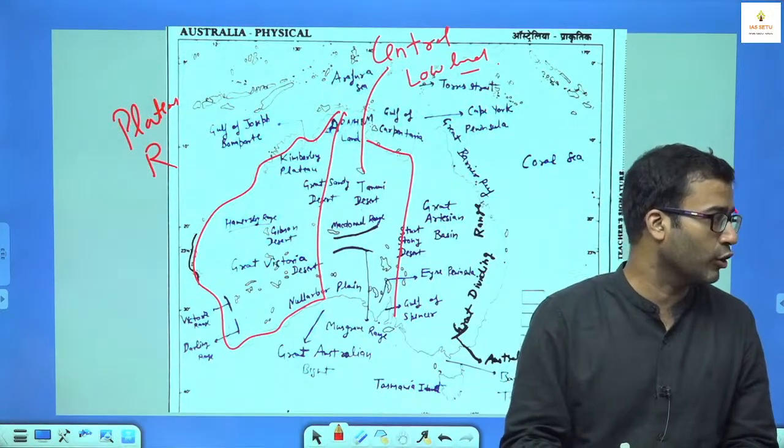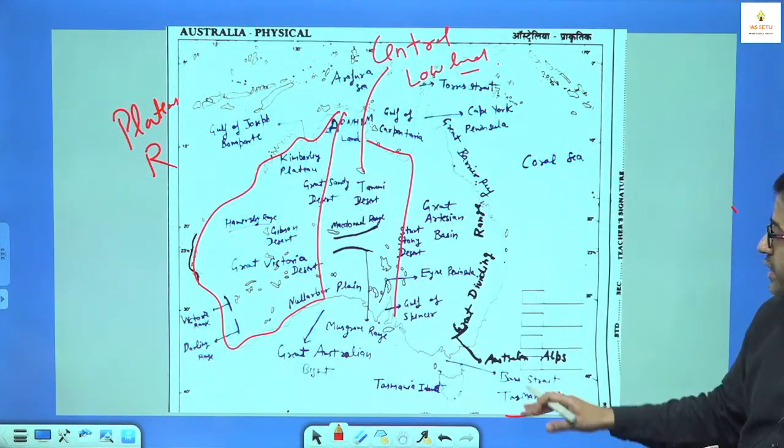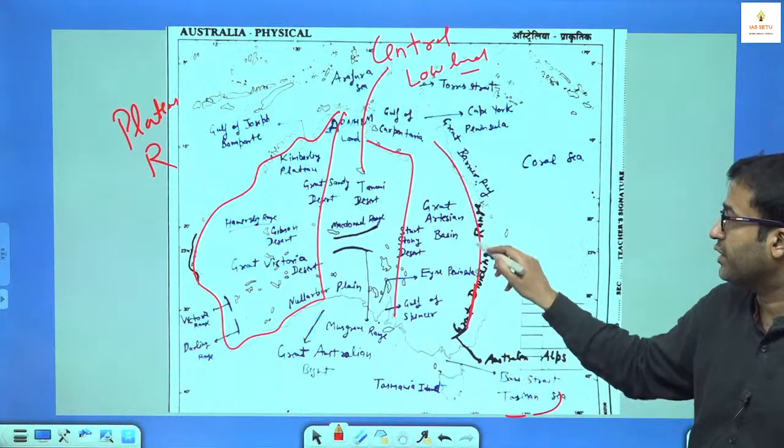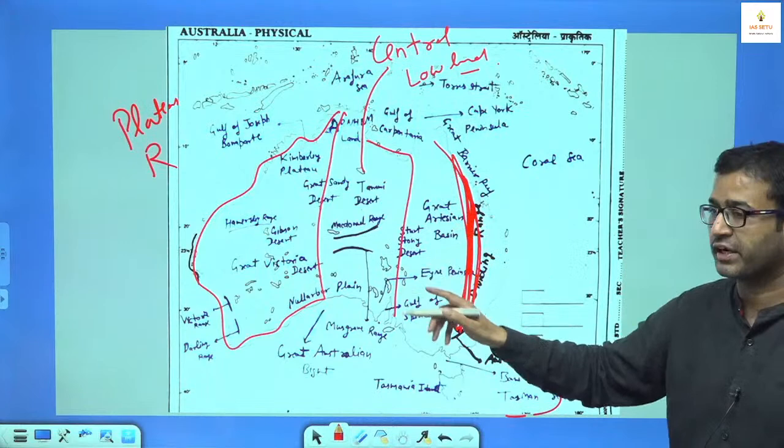So that is the central lowland. On the eastern side we have the Great Dividing Range. This is the main thing, Great Dividing Range.